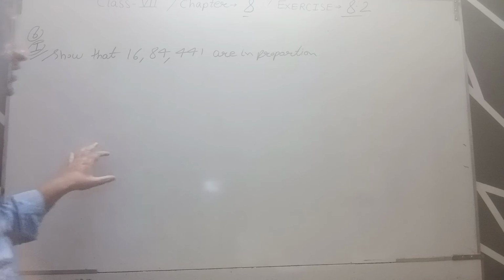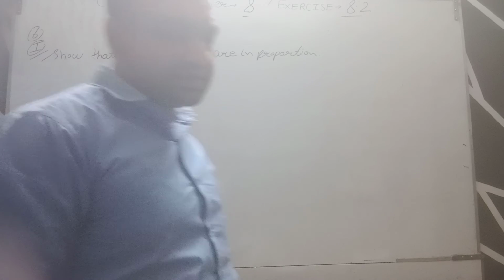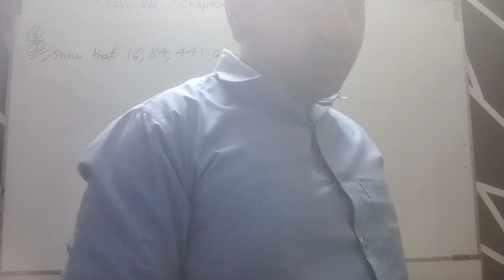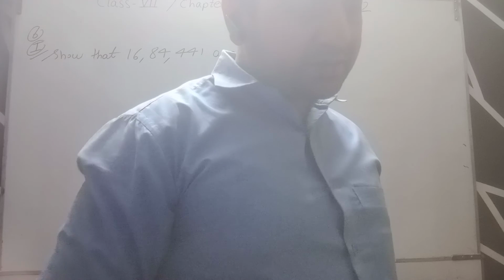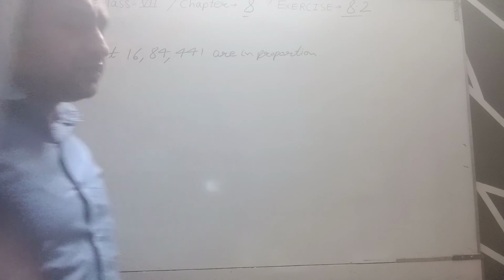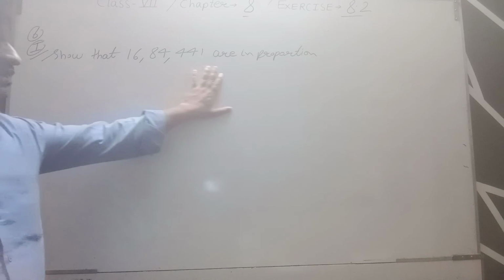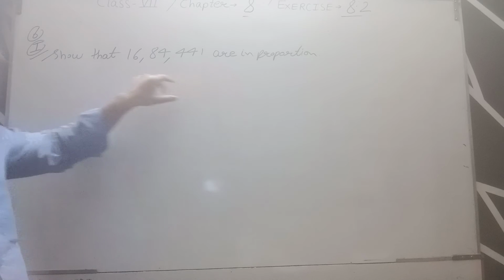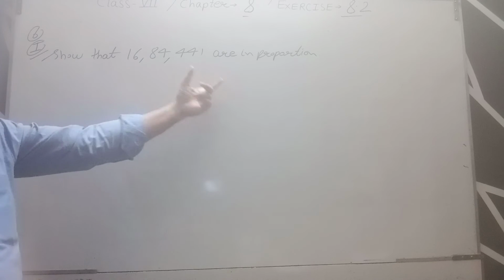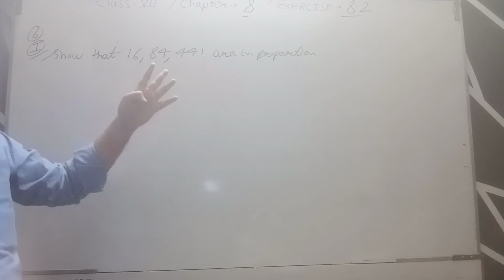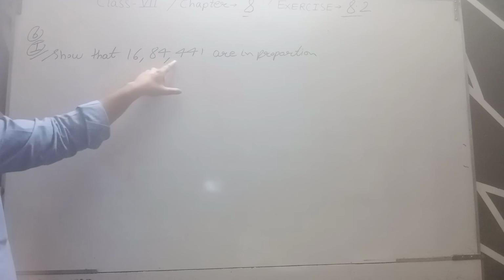Okay, students, now discuss question number 6. In question number 6, there are a total of 3 parts. In the first part, we have to show that 16, 84 and 441 are in proportion. We know that for proportions we require 4 numbers. But in this question, they have given 3 numbers.